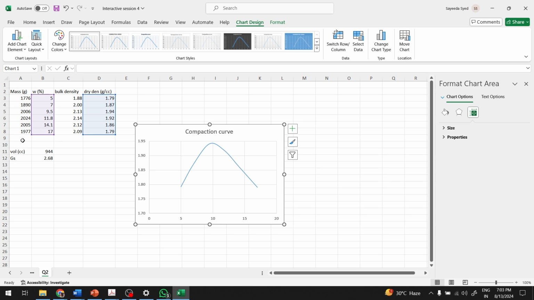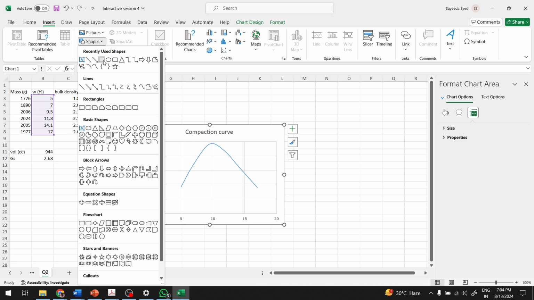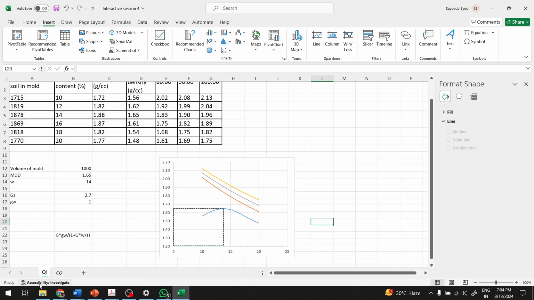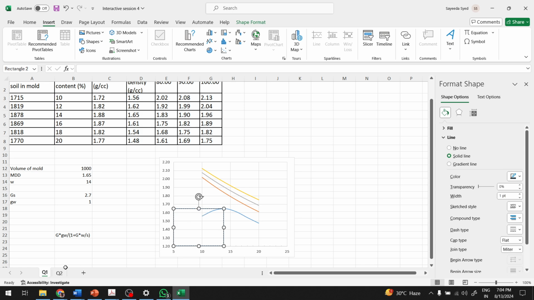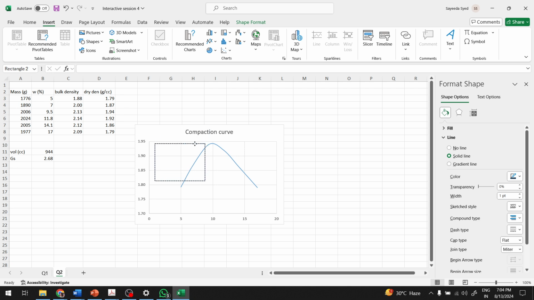Okay, so let's calculate the MDD and the OMC. Actually, let me take this. Somewhere over here.